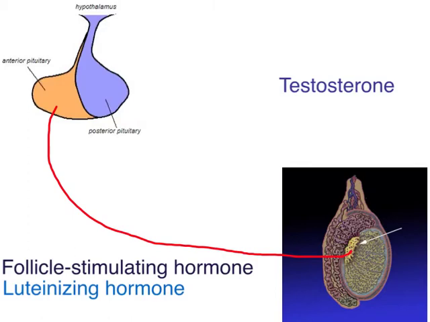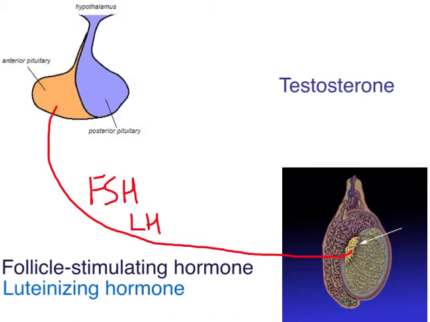Those hormones are called follicle-stimulating hormone and luteinizing hormone, which we will abbreviate to FSH and LH. Now, in essence, these hormones do one thing each, or together, two things.